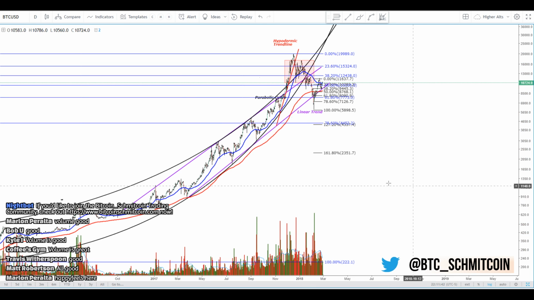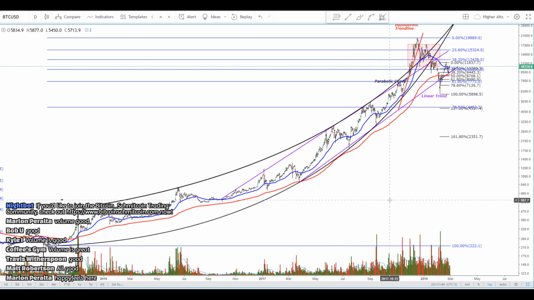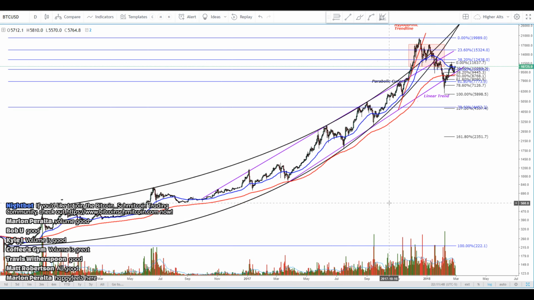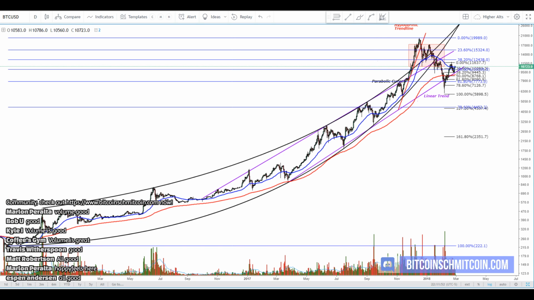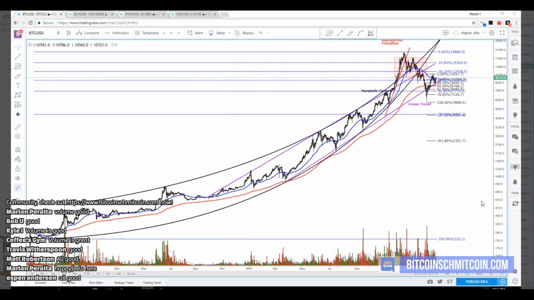All right. So zooming out to the one-day chart. Where'd my Wacom tablet go? Okay, here we go. Zooming out to the one-day chart, we see the parabolic curve, right?